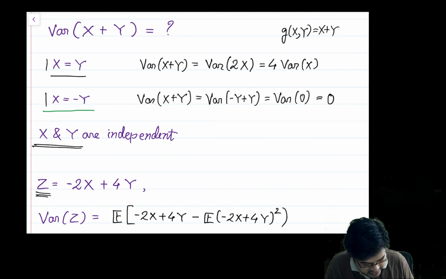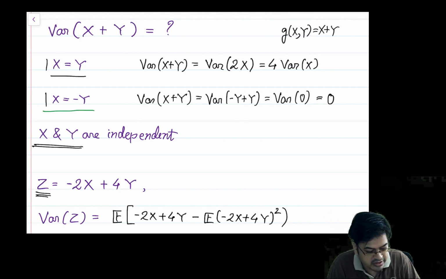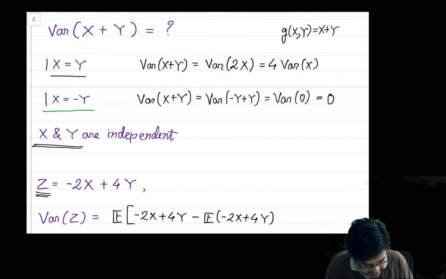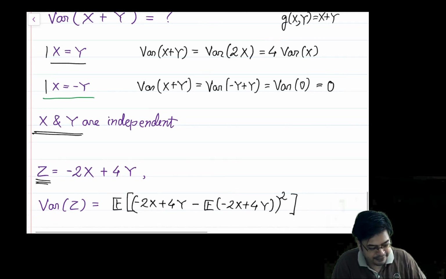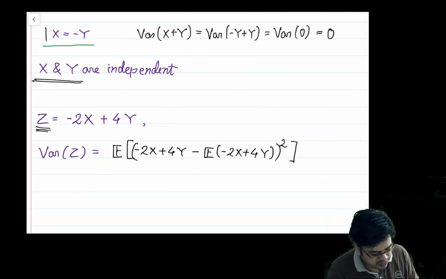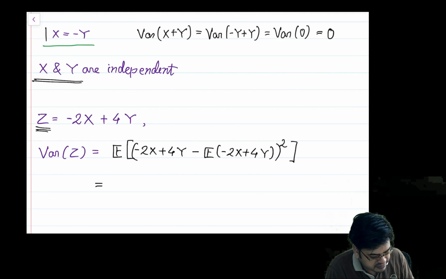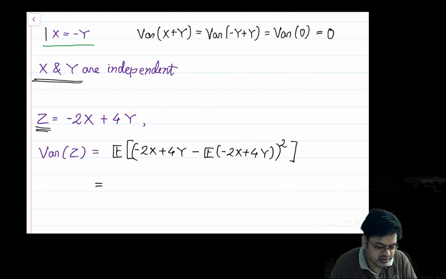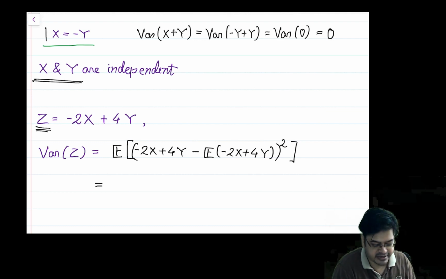Sorry, let me do it this way: minus expected value of, minus 2x plus 4y, this entire thing squared. Okay, so let us go ahead and do further calculations. And remember, I have to use that these random variables are independent somewhere.